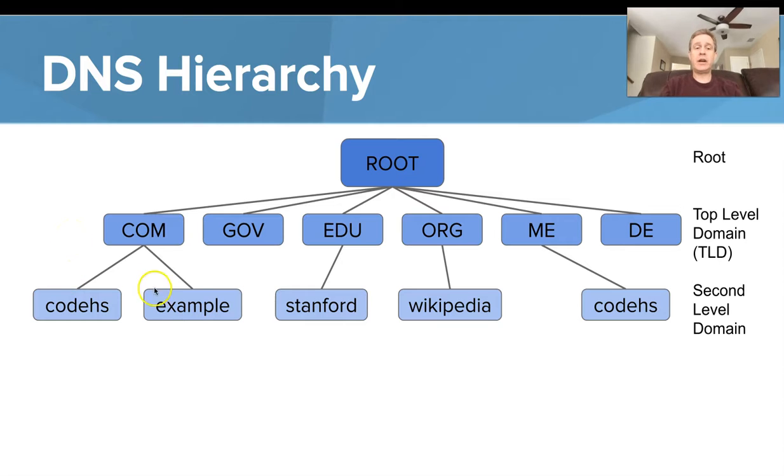So codehs.com, example.com, google.com, any particular website that ends in .com, that server knows exactly the IP address for. But it will not perhaps know the IP address for stanford.edu or wikipedia.org or codehs.me. It only knows the IP addresses for those websites that end in .com.